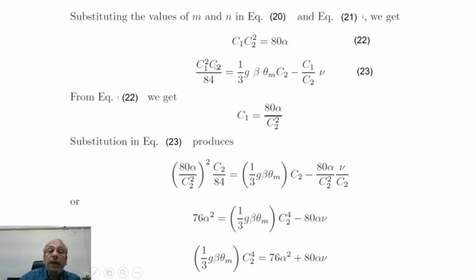So in 23, wherever C1 is there, we substitute that by 80 alpha by C2 square, whole square, first term C1 square, C2 by 84 equal to 1/3 G beta theta m into C2 minus again C1, which is 80 alpha by C2 square, nu by C2. And from here we try to solve for C2.